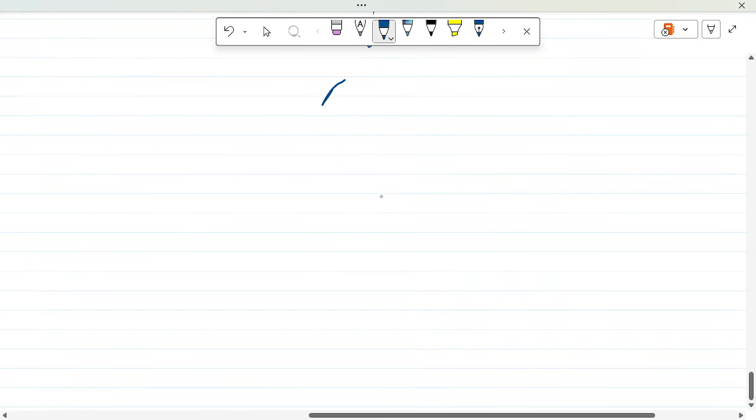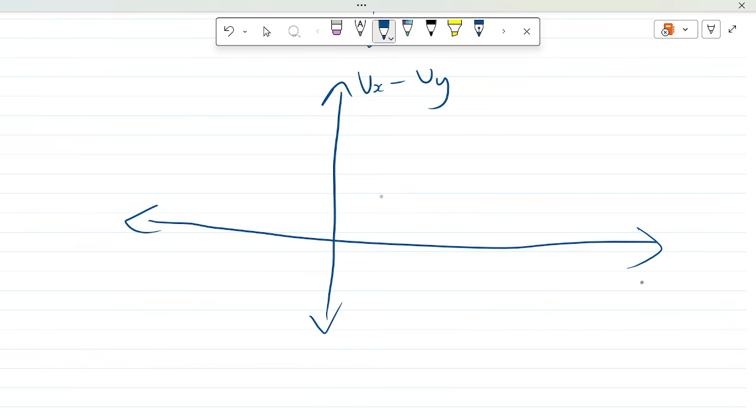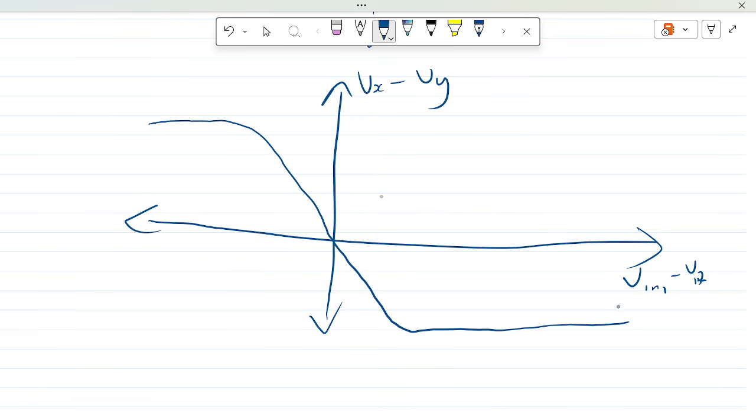So let me summarize everything. If I take the differential output against the differential input of a differential amplifier, then the input-output characteristic looks something like this.